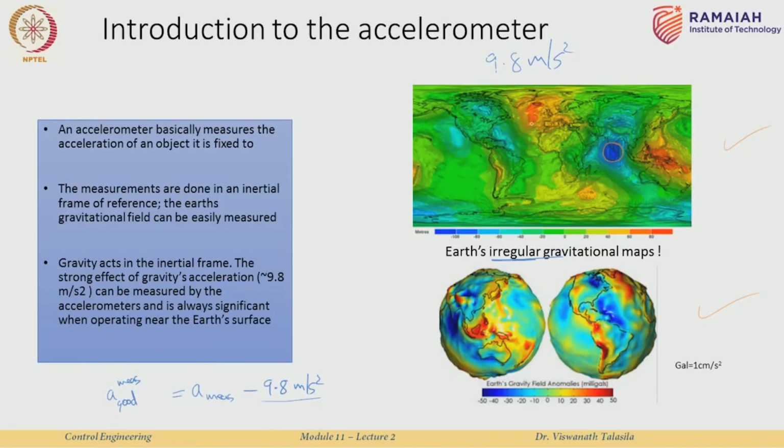So, the bright red colors are where the field is very large, and the blue color is where the gravitational field is really low. And interestingly, India and literally where I am sitting right now in Chennai, the gravitational field is really low. So, it will be less than our expected 9.8 meter per second square.